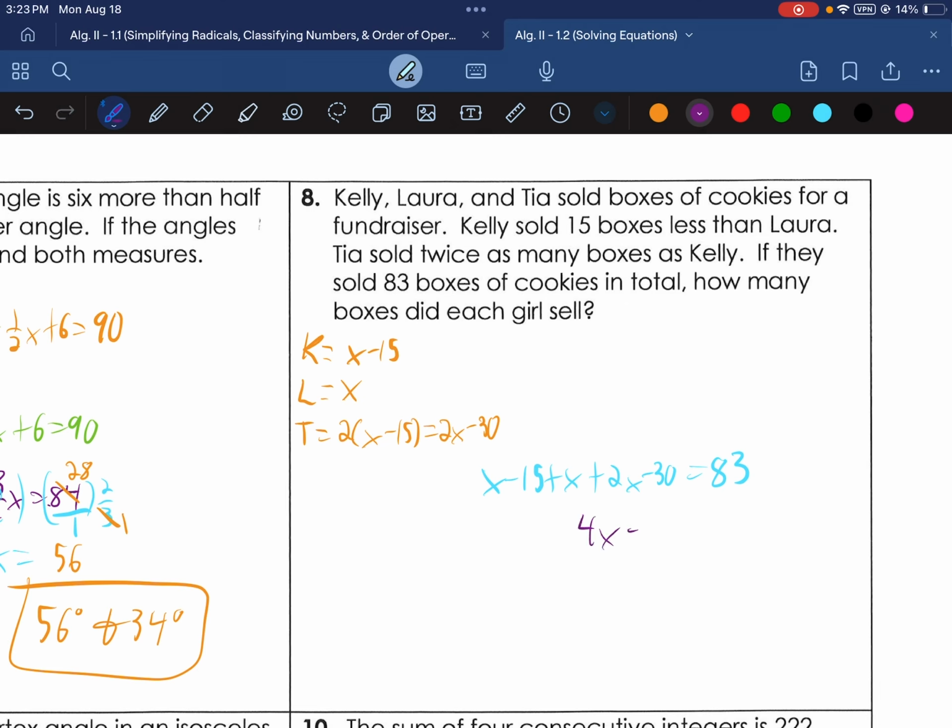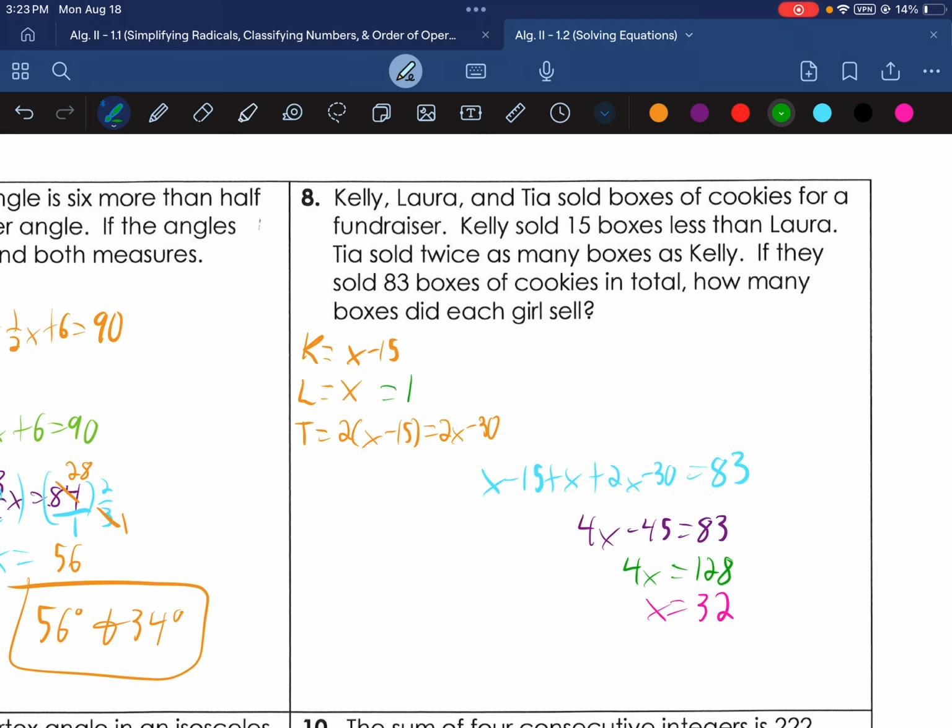Combining like terms, x, x, and 2x gives us 4x. Negative 15 and negative 30 gives us negative 45. Adding 45 to both sides gives us 4x equals 128. Dividing both sides by 4 gives us x equals 32. So we know Laura sold 32, but we still have to find Kelly and Tia's number.